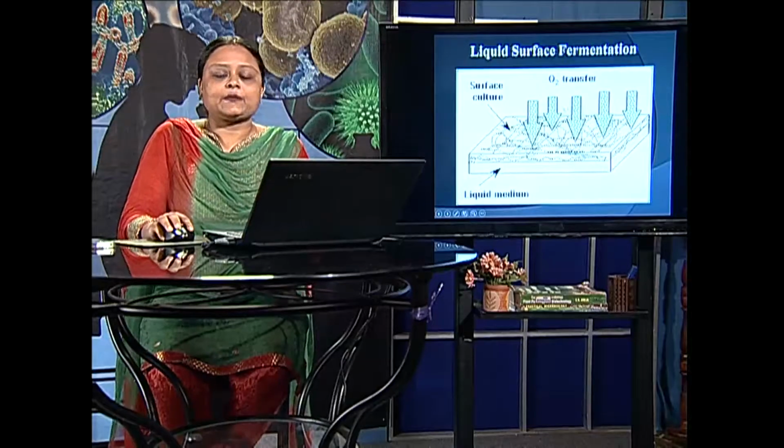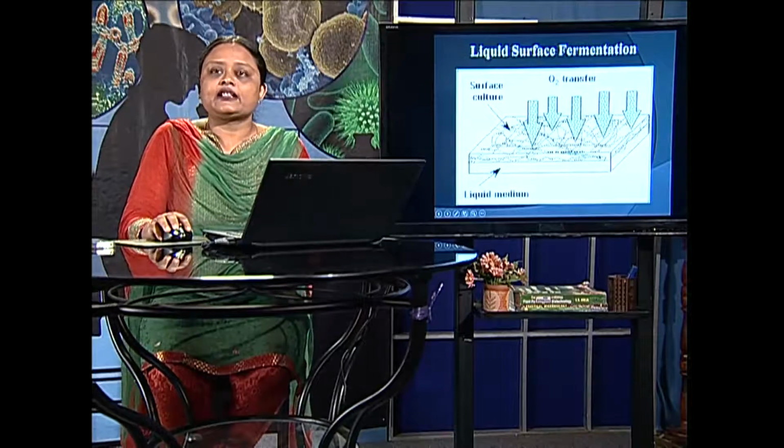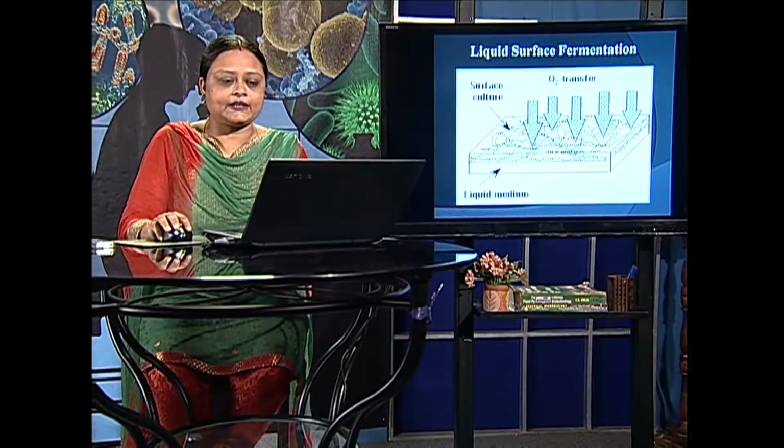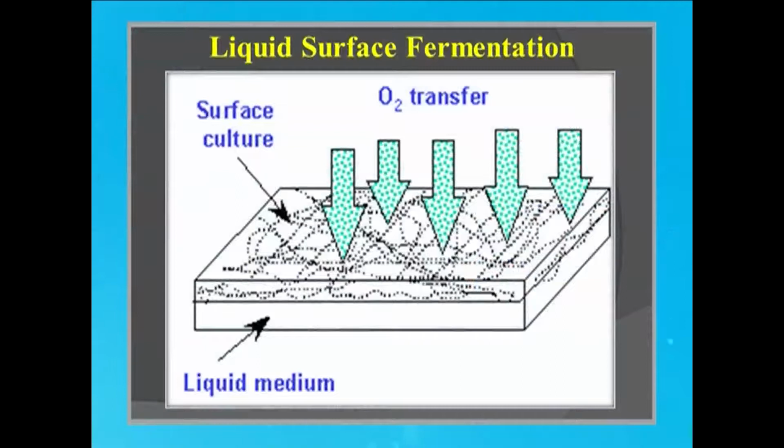Now, this is typically shown to tell us that the microbial organisms, principally of the fungal genera Aspergillus or similar organisms, will generally take their nutrients from the liquid medium which is lying just below their substrate growth.